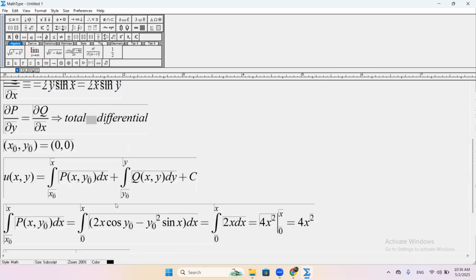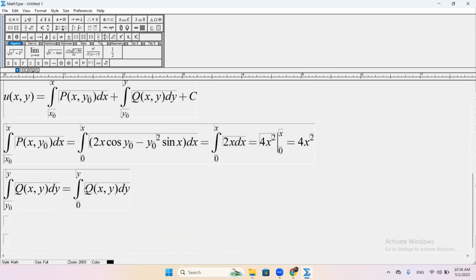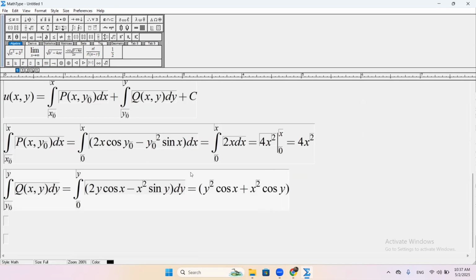So from 0 to y, from this function. So let's calculate the integral. So y squared cosine of x plus x squared cosine of y with the substitutions from 0 to y.